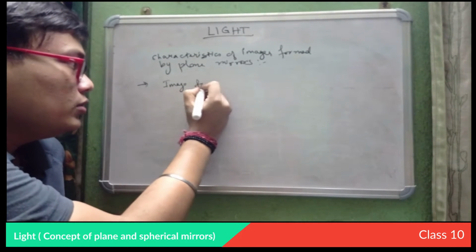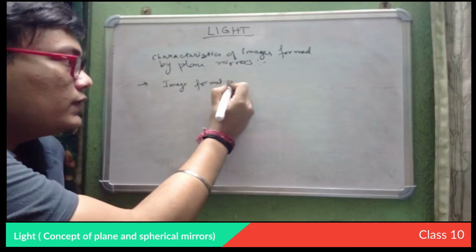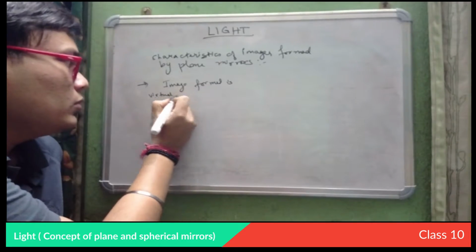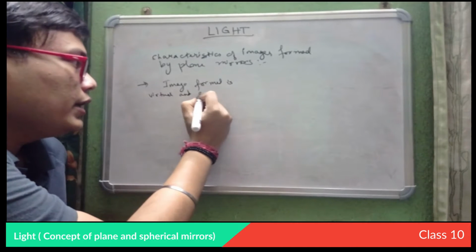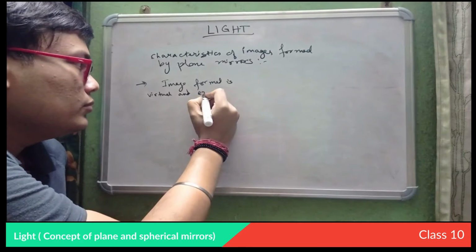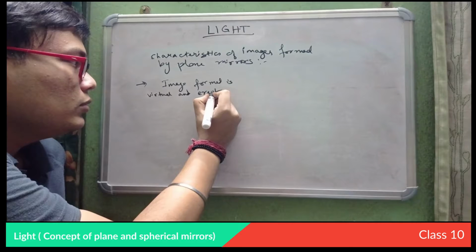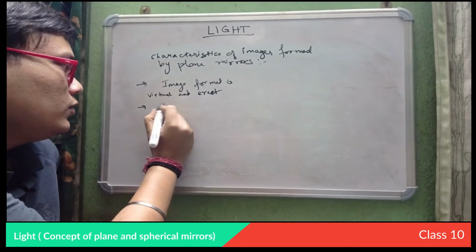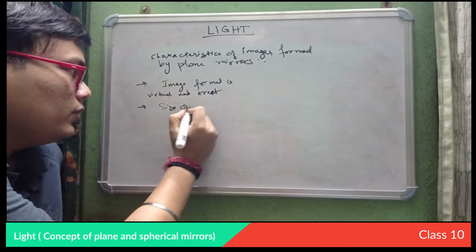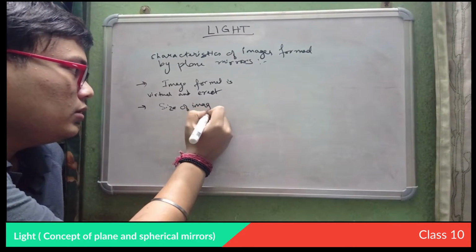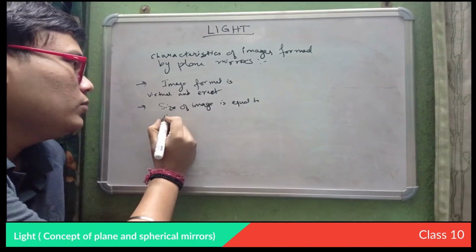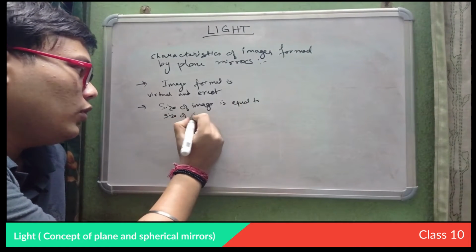The first characteristic of images which are formed by a plane mirror is the image formed is virtual and erect. Number two is size of image is equal to size of object.